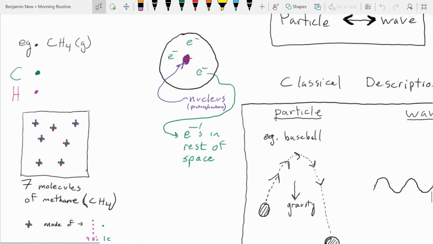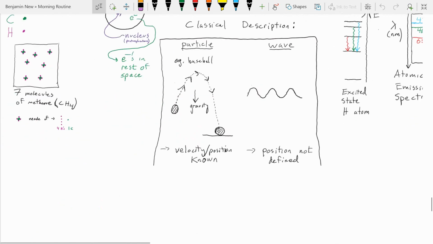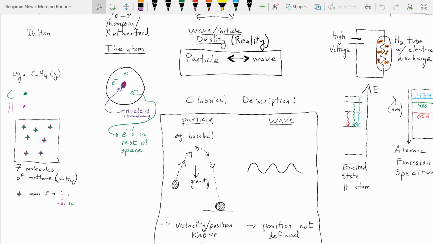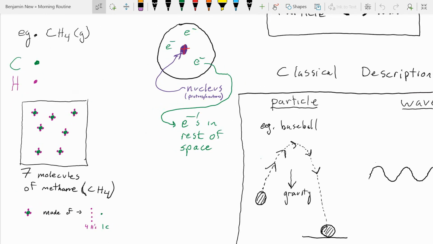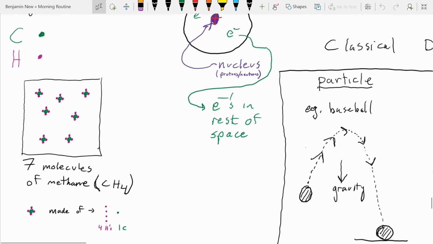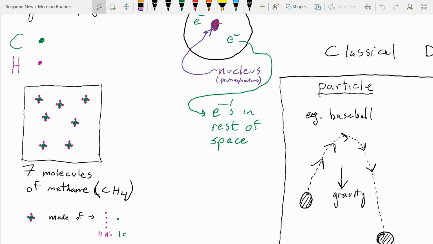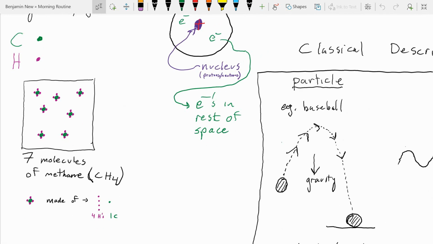And just to show you that idea of what Dalton showed us, let's talk about methane, or specifically CH4. Now, I've color coded this such that everything inside this black box here is either color coded purple, which represents a hydrogen atom, or green, which represents a carbon atom. So each molecule within this box has one green dot and four purple dots around it.